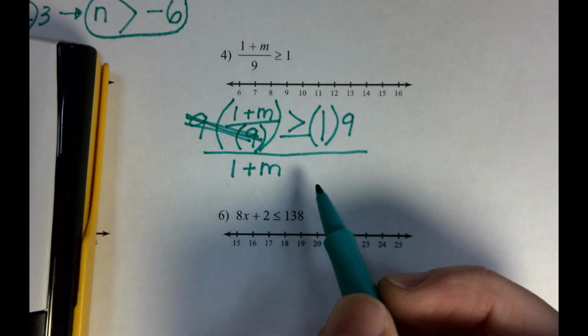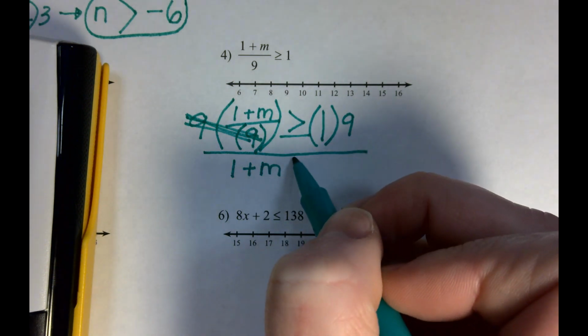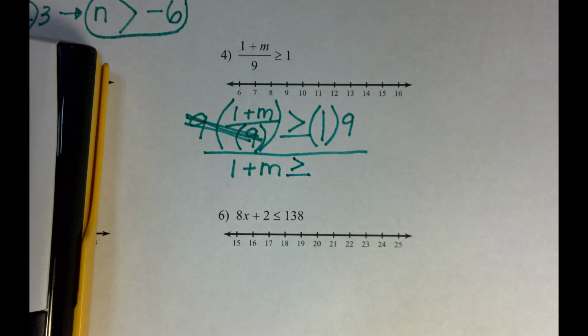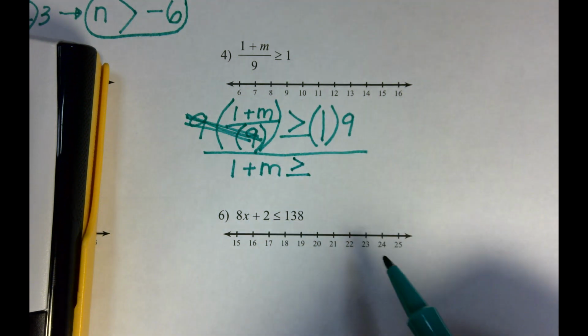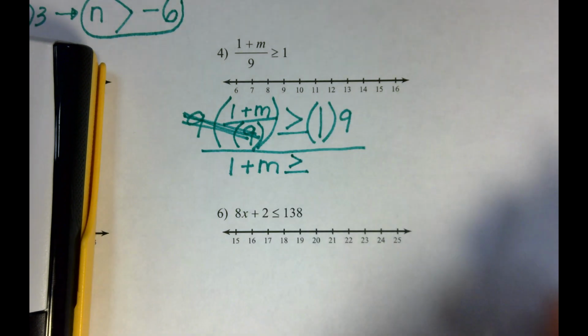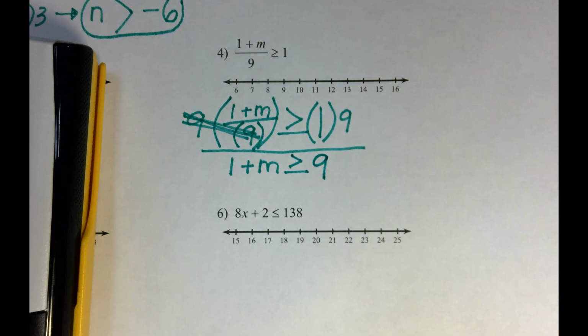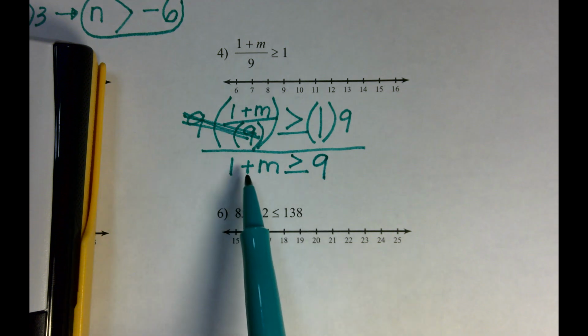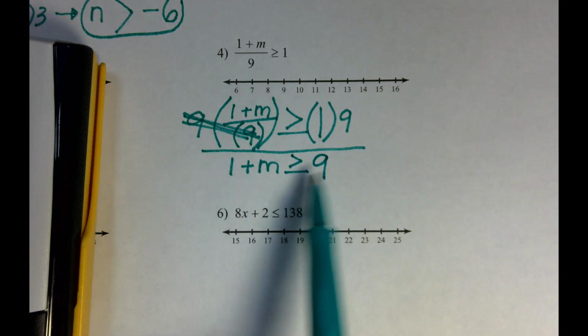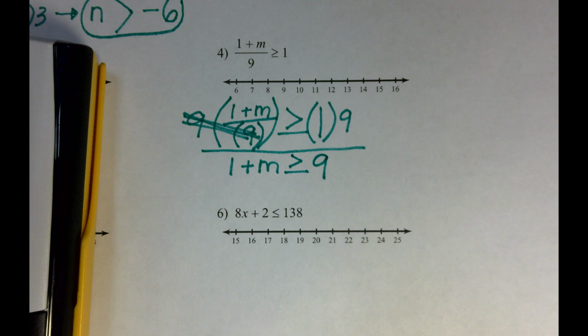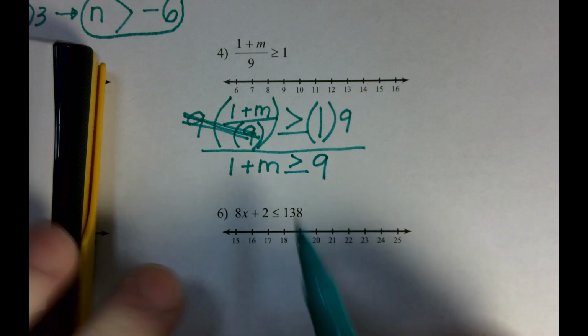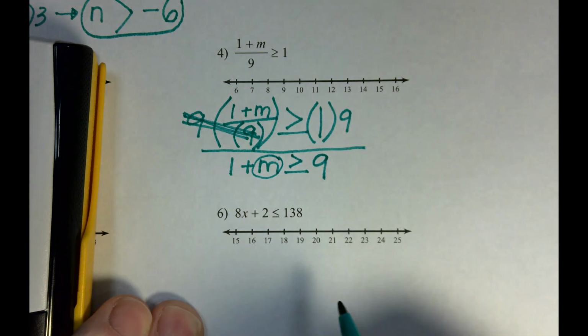Bring down my greater than or equal to sign. And what next? Yeah, 1 times 9 is 9. So now I have 1 plus m is greater than or equal to 9. What should I do next? Yes, we want our variable to be by itself.